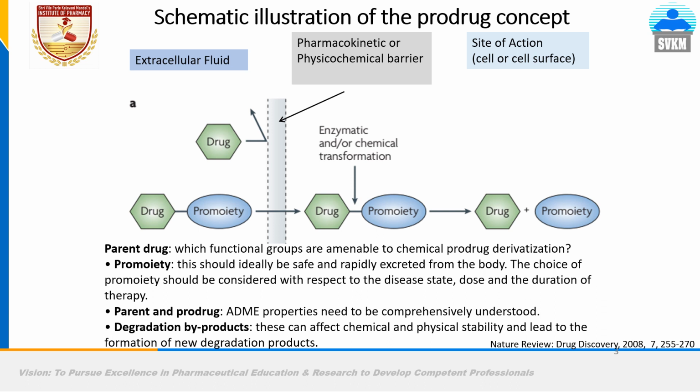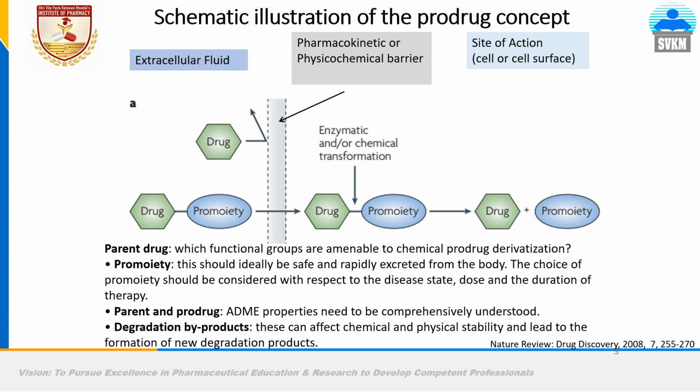The pro-moiety design is based on the disease state condition: where the disease happens, what the environment and the disease site are. All those things we consider, along with the dose and the duration of therapy required.